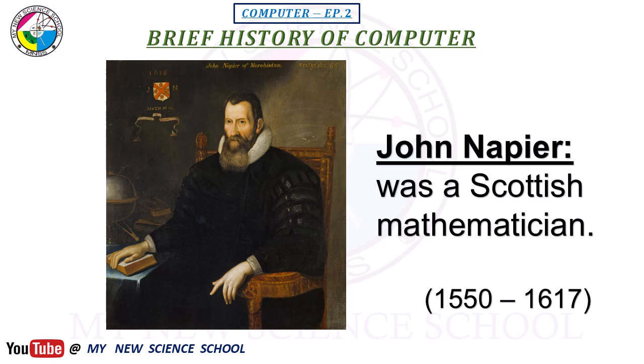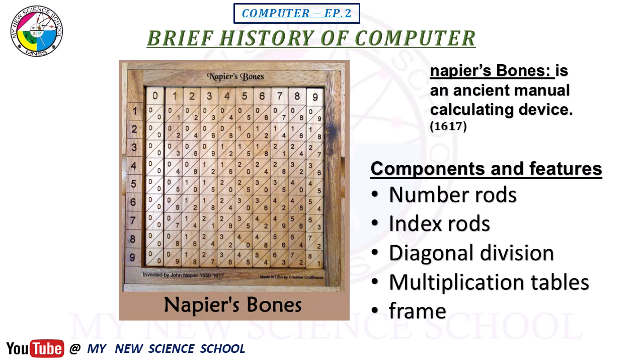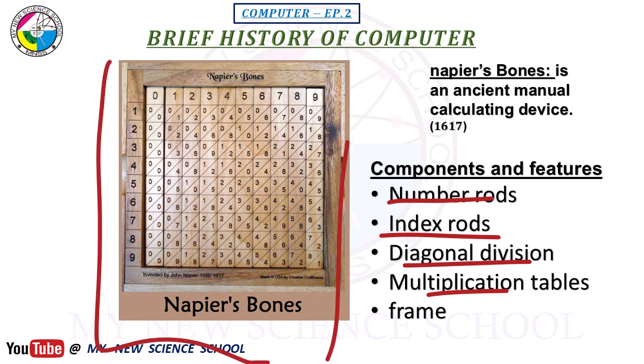Then we have another machine invented by John Napier, who was a Scottish mathematician. The machine invented by this scientist is called Napier's bones. Napier's bones has these components: number rods, index rod, diagonal, and all these components are the tools.